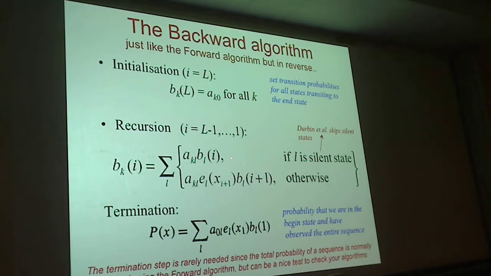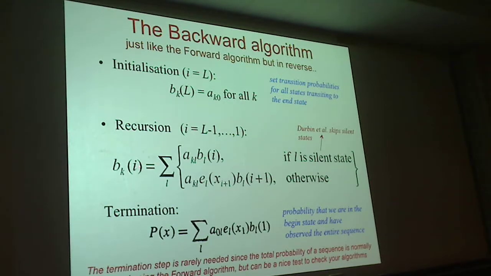So, why is this the backward algorithm? Because you walk back from the end state to the box we're talking about. It's the same thing. This is if there is an emitted state. Going backwards in the sequence from the end state back to the earlier state, you have the transition probabilities, of course, and the emission probabilities, and this is the index.